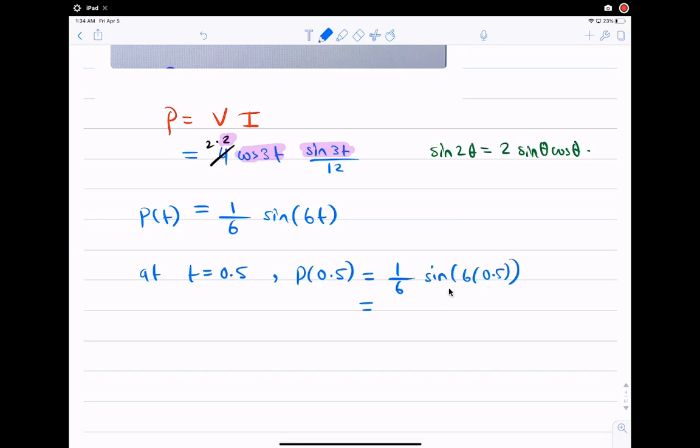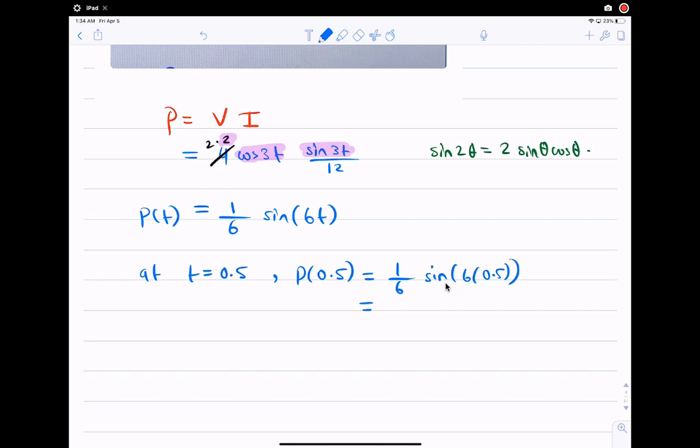Always make sure that the calculator is on radian. For most of this class, we will have the calculator as radian, not degrees. So if you don't know how to change it, go on YouTube, or I'm using the Casio version, and it's shift setup and then number 4, it's radian.